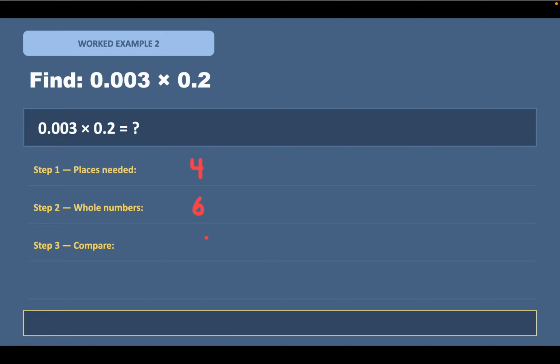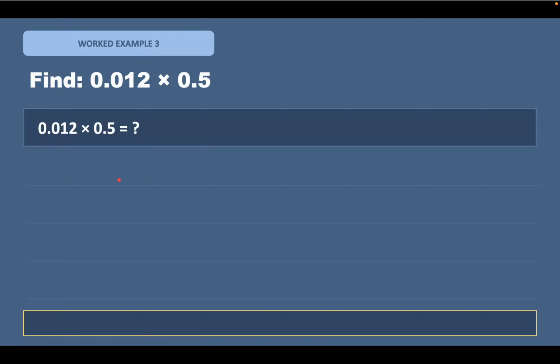We're going to need 3 placeholder zeros because this is 1 digit and we needed 4. So to build our answer, we're going to put that 6, because 3 times 2 is 6, and then we're going to add 3 placeholder zeros to the left of it, and then put our decimal point. And then we'll fill in a 0 for our ones place.